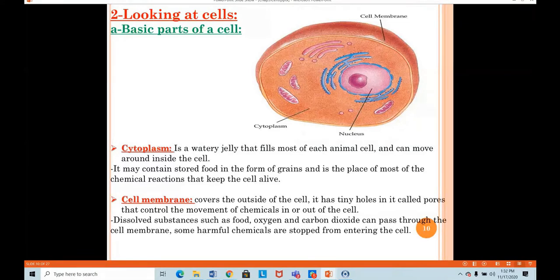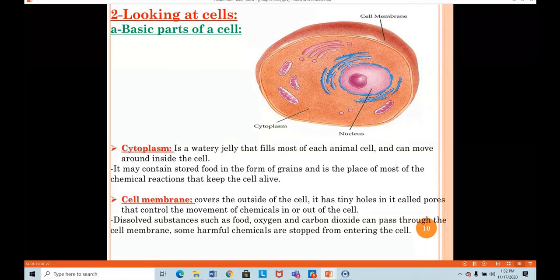I thought that the energy is the same as the glucose. Yes, you can say the glucose is broken down to produce the energy. That is why in active cells, more mitochondria are present so that more energy can be produced. But whenever we are talking about storage of energy, animals store it in the form of glycogen, and plants store it in the form of starch.